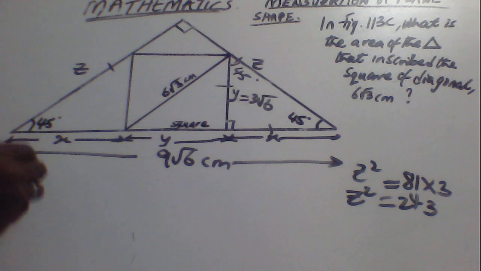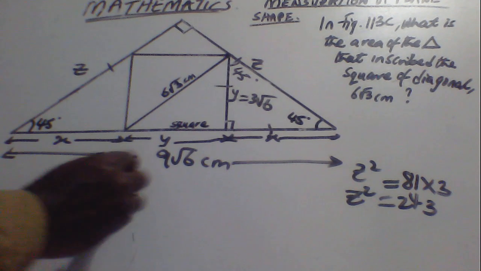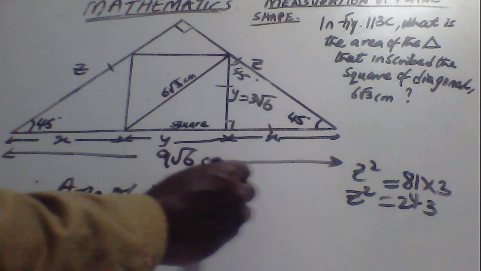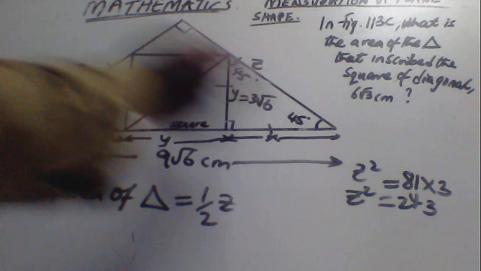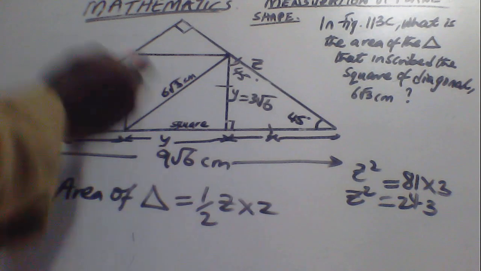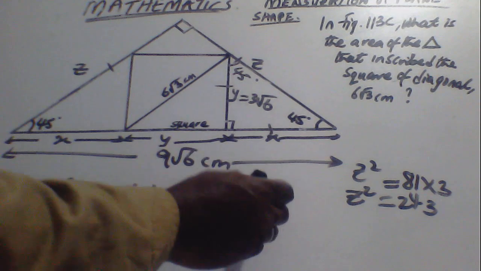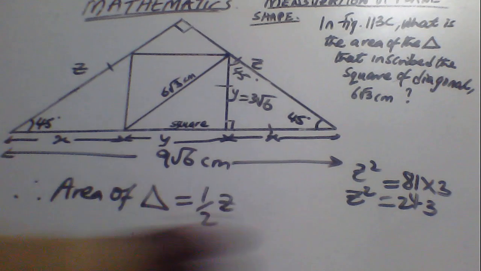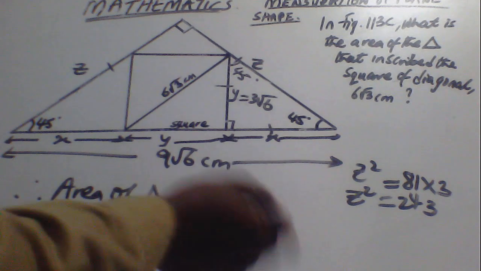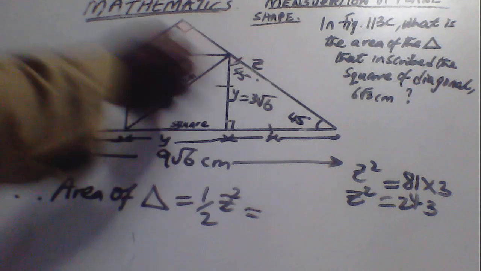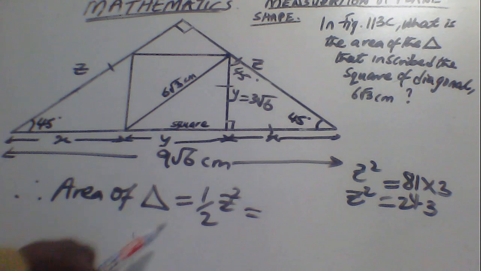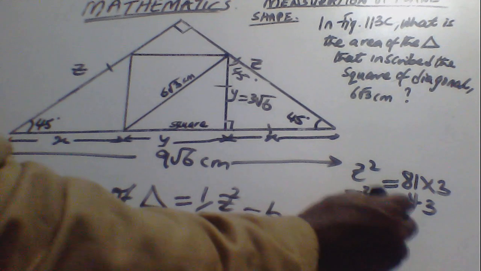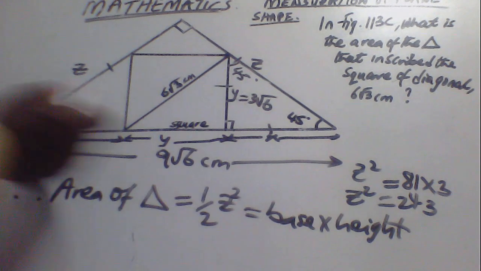So from here we can conclude that the area of the given triangle is equal to half the base times the height. Any of it can be the base. If here is the base, here is the height. So you see that z times z is equal to z squared. This is a 45 right angle triangle. So the area is equal to half base times height. The base is z and the height is z.